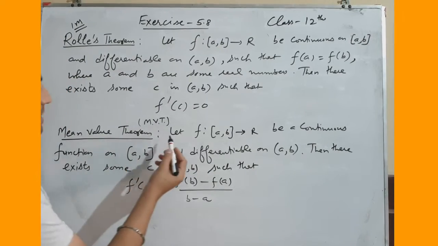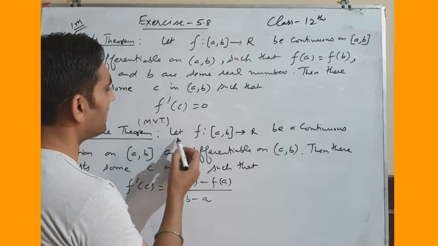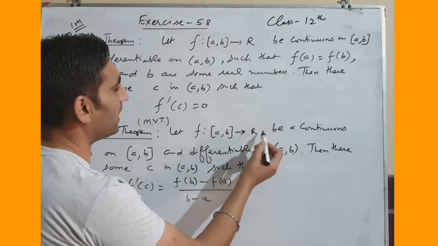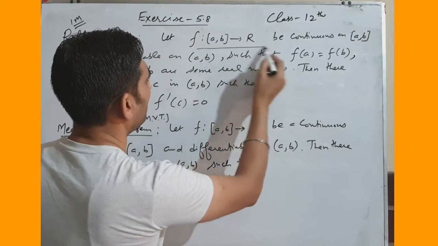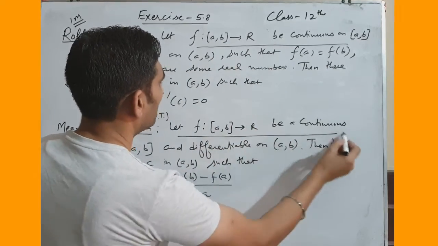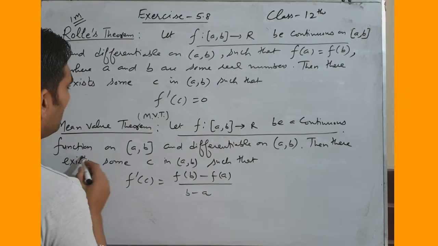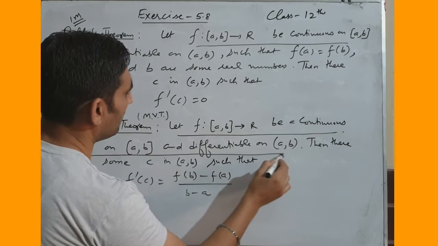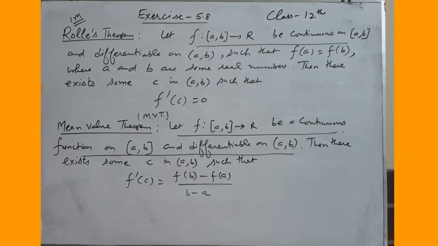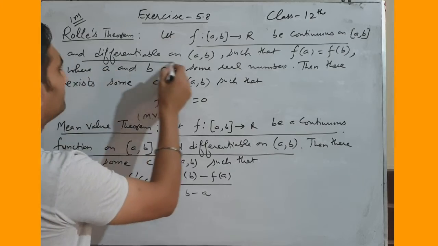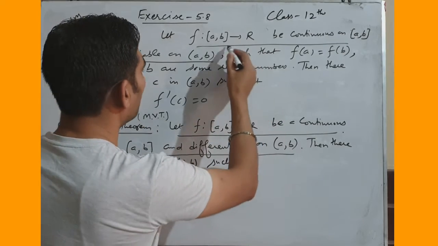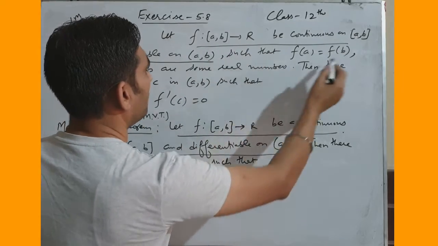Almost the same definition. Let f from closed interval [a, b] to R be continuous. Same line. Then and differentiable on the open interval (a, b), same line, but they removed this condition f(a) equals f(b).